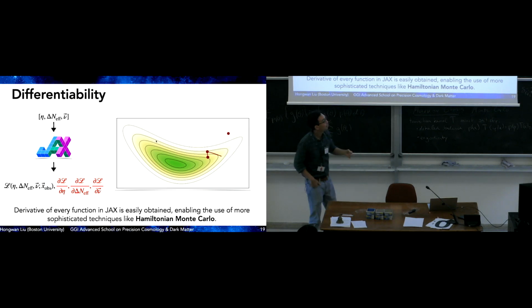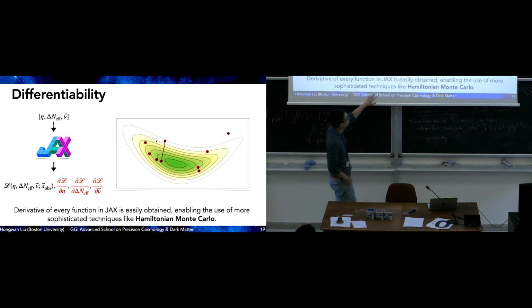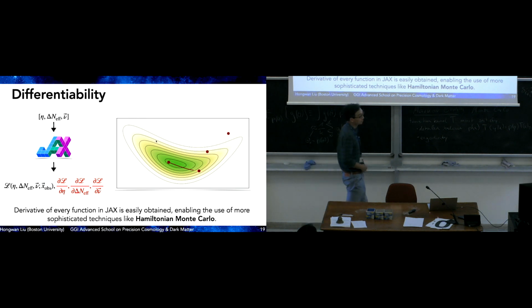Because of that, you can allow your samples to explore things that are much further away, and this improves the efficiency of the Monte Carlo method. So this is something called Hamiltonian Monte Carlo, and you can do this if you have the gradient, and we demonstrated that you can indeed use LINX to do this kind of inference. All right?